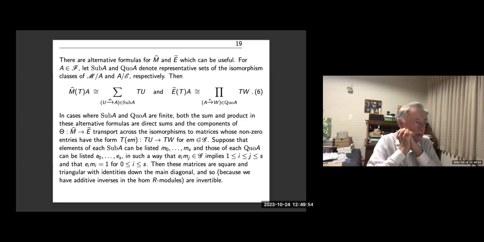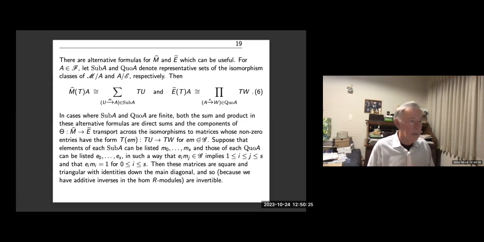Now, there are probably more down-to-earth ways of describing the M hat and the E tilde in good situations anyway, which are helpful. So if you've got an object A of F, I'm writing sub A for the sub-objects of A as an ordered set, if you like. Just a set, really. Because M is closed under composition, that's just the same as the category M over A, but just a skeleton of it.